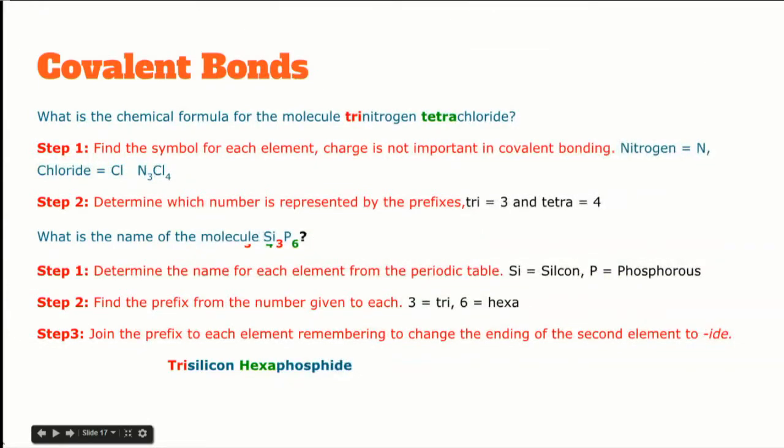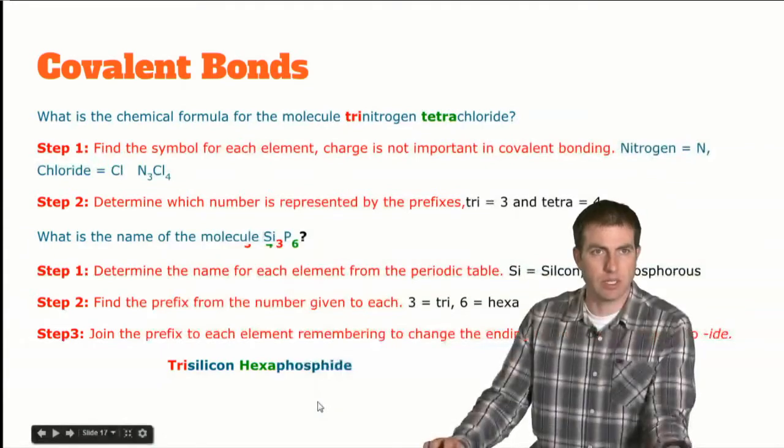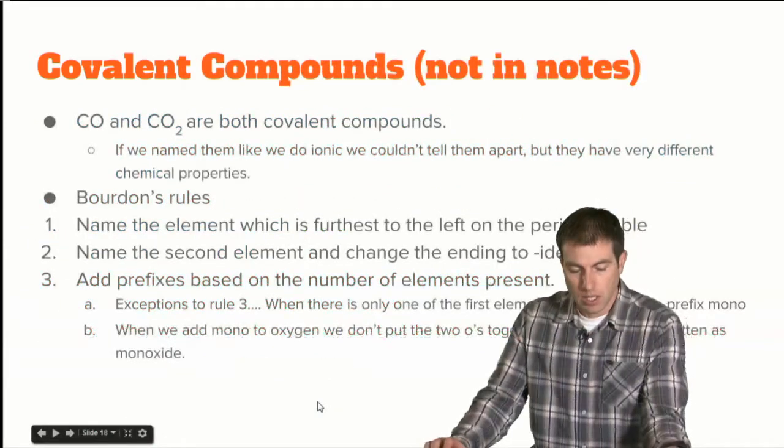If you talk about an octagon, 8-sided. Nonagon, 9-sided. So you guys have run into these prefixes before. This isn't the first time you've seen them. So 3 is tri, 6 is hexa. So this is tri-silicon hexa phosphide.